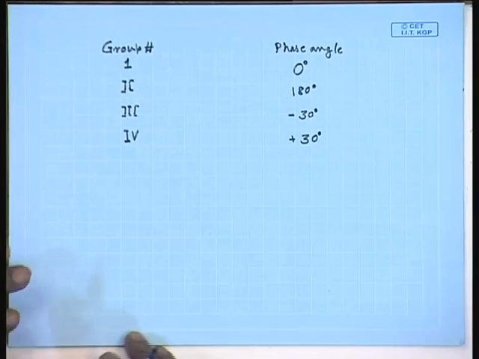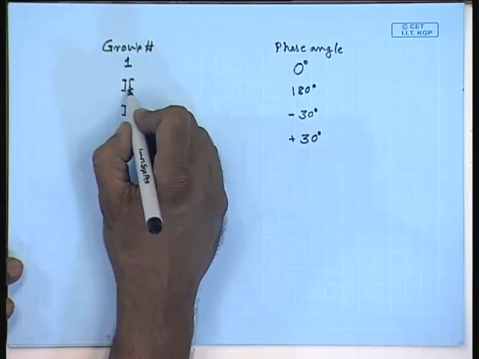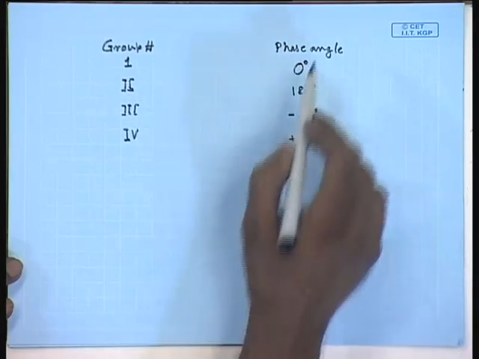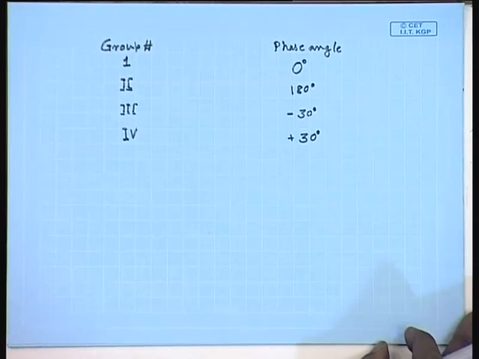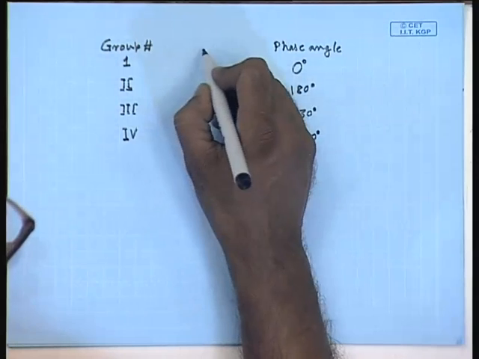In many cases, particularly in older installation, this phase angle is indicated by a clock number.